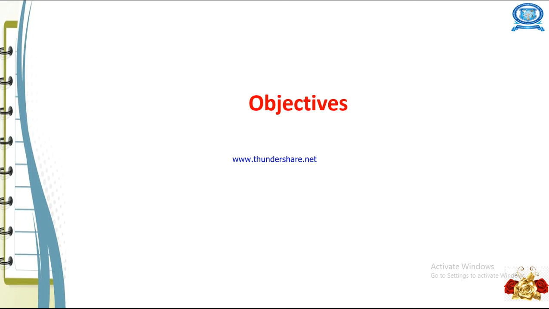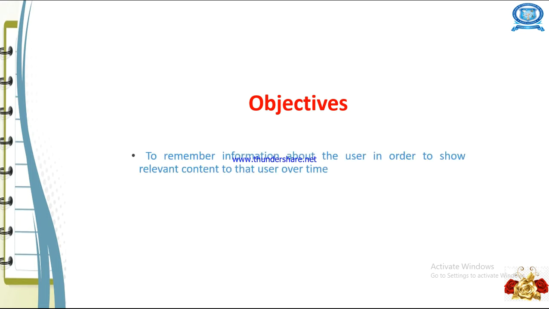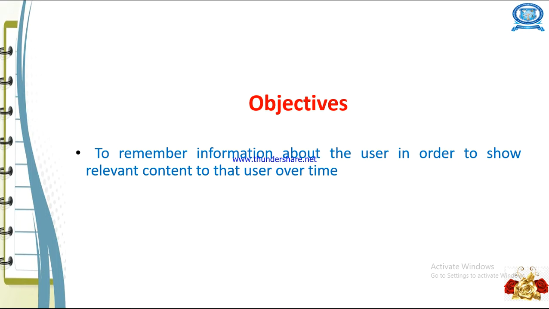Normally, the main purpose of cookies is remembering things. Suppose the user is visiting or logging in to any website. When we open a website, the request is sent to the particular server.